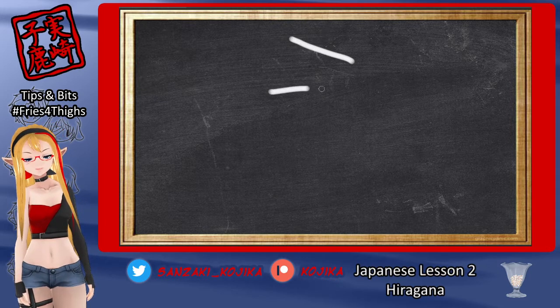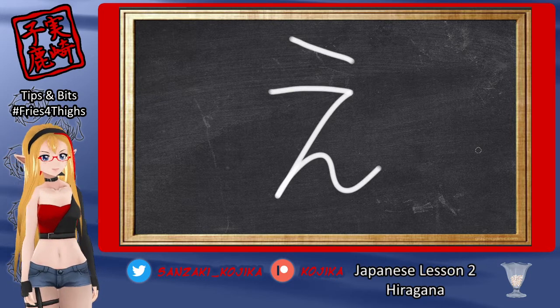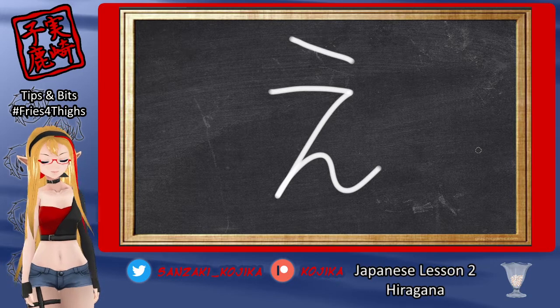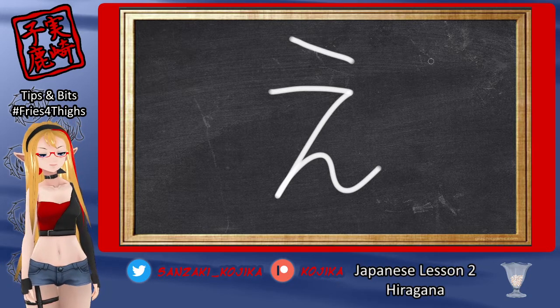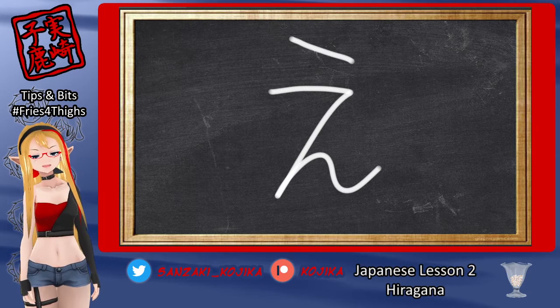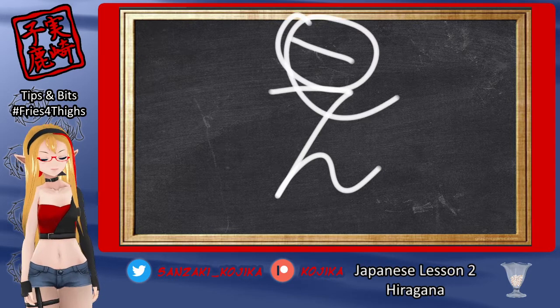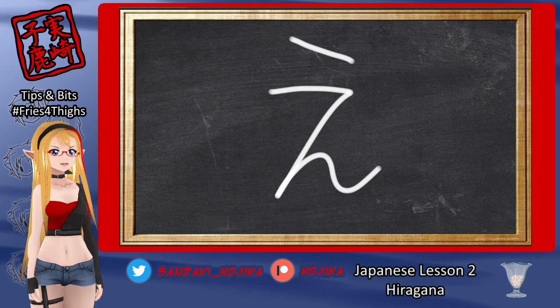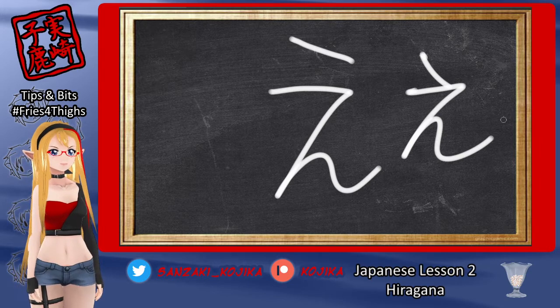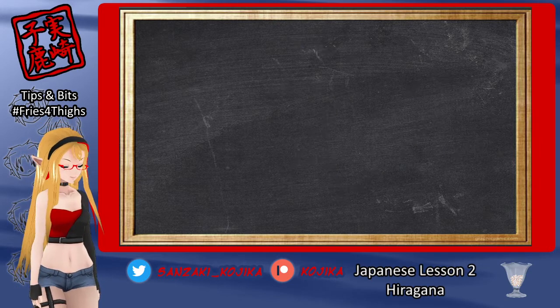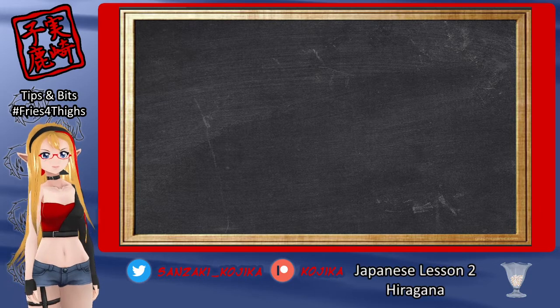One, two, eh. So in some variations of this too, this part right here will be more attached to it. Especially if they're really messy, you might see it like that. It's still the same letter though.